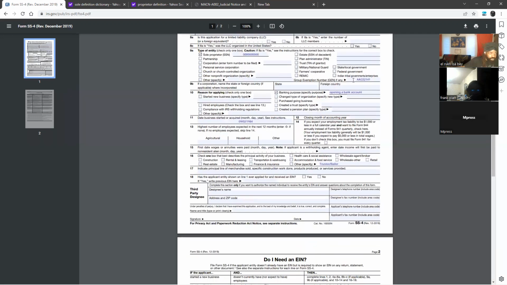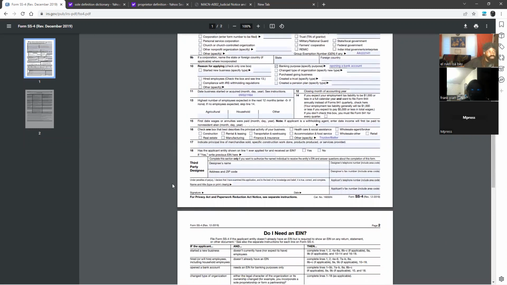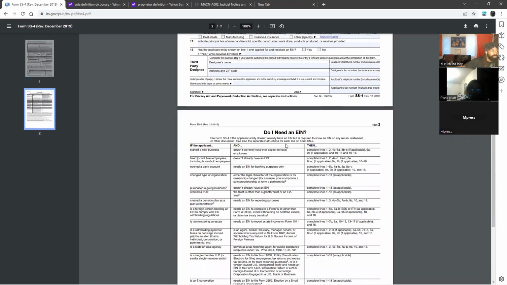Group exemption number AA222141. That's the exemptions and nationality, basically within the Zodiac Constitution. We're using the Zodiac Constitution as our group exemption number. That's what we use as purchases to be tax exempt also at the register if you have proper identification, which we will be creating shortly.